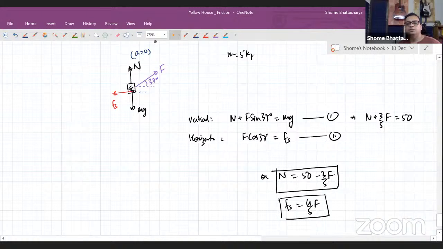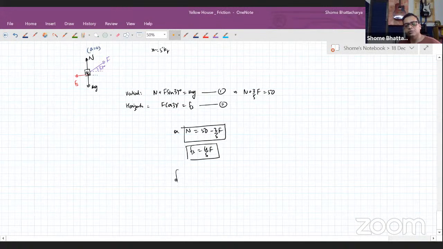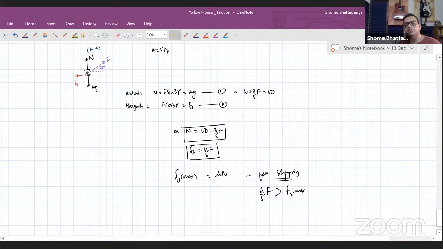Now I'll apply the limiting condition. So what is the maximum static friction available? Mu N. So therefore, for slipping to occur, this force that I'm applying, 4 by 5 F, should become greater than the maximum static friction available. The moment this becomes greater than the maximum friction available, slipping will occur. So the block will move.